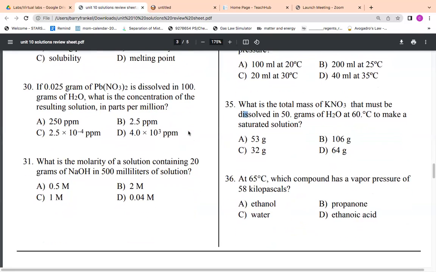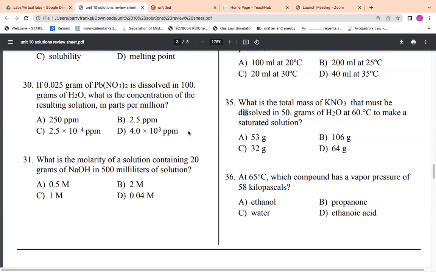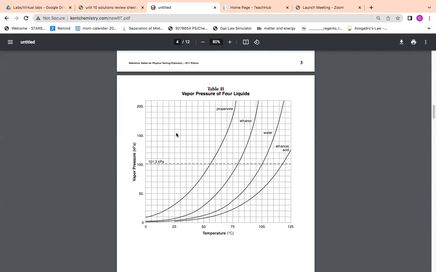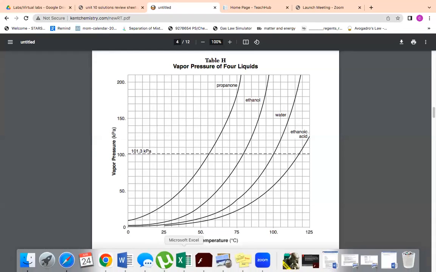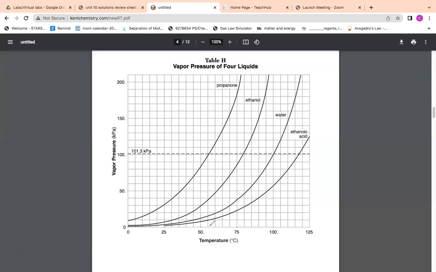Okay. Number 36, at 65 degrees Celsius, which compound has a vapor pressure of 58 kPa or kilopascals? So we're going to have to go over to table H. So let's zoom in a little bit. Okay, so we're given 65 degrees Celsius. The bottom goes by 5, so it's 55, 60, 65 is right here.